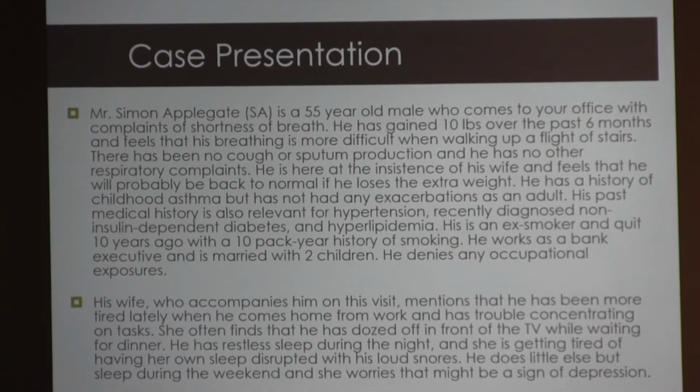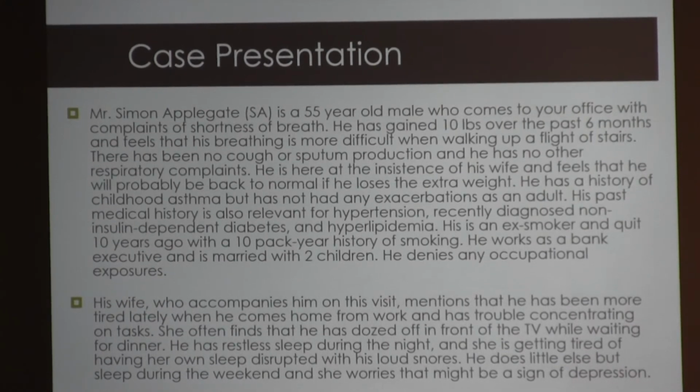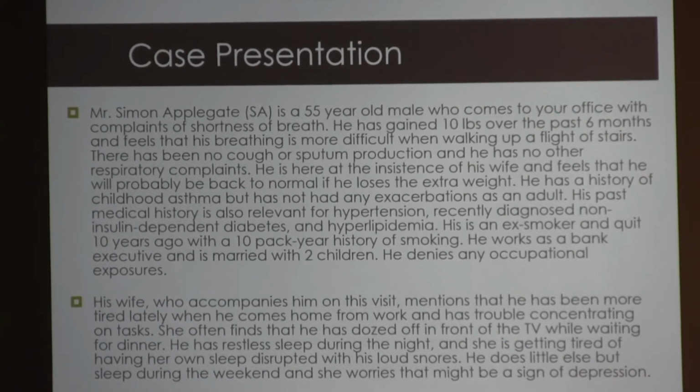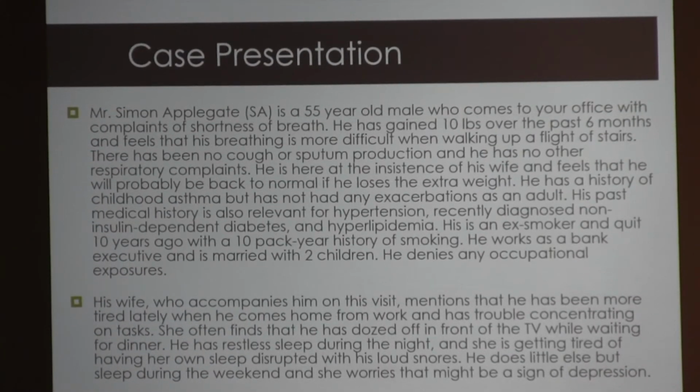Denies any occupational exposures. Wife is at the visit as well. She mentions that he's been more tired lately. He's been coming home, having trouble concentrating on tasks. He falls asleep before dinner is ready, and he often has restless nights. She's getting tired of hearing him snore. He does little else but sleep during the weekends, and she's worried that it might be a sign of depression.